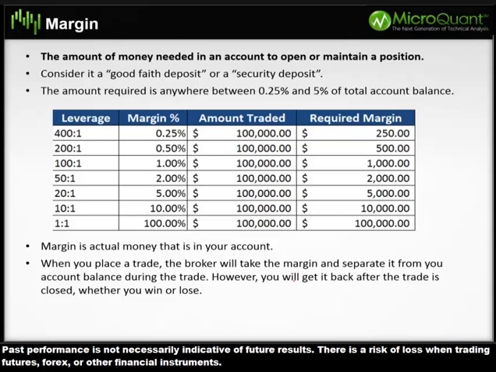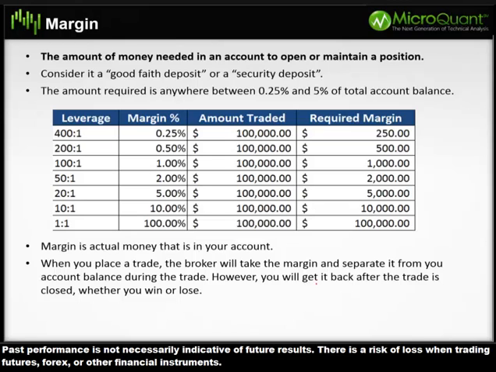It's a little bit interesting, I guess, to understand. That's where people can get in trouble, whenever they are over leveraging themselves and trading multiple currencies and not understanding what margin is, what's actually being held, because margin is actually money that is in your account, and whenever you do place a trade, the broker will take the margin and separate it from your account balance during the trade.